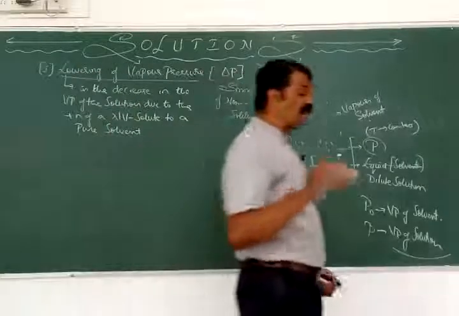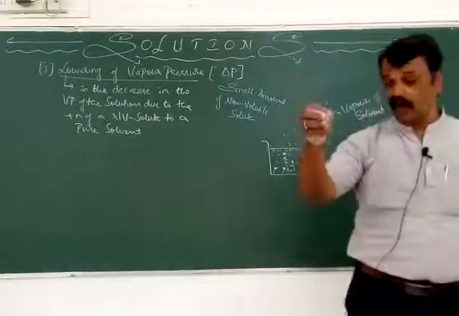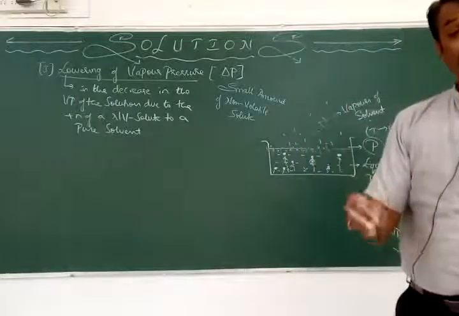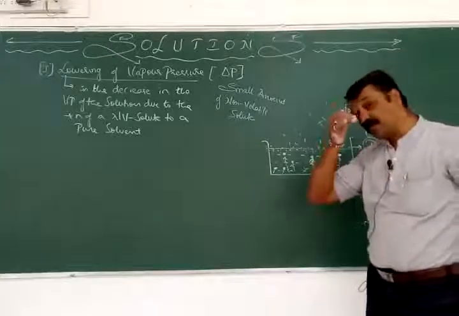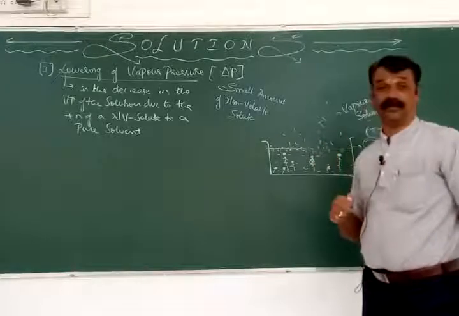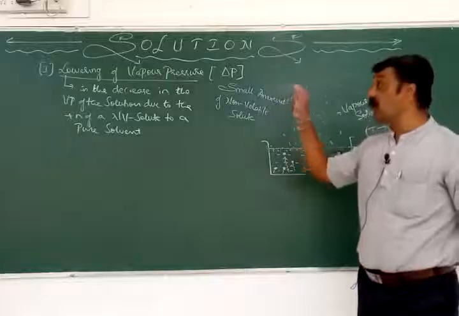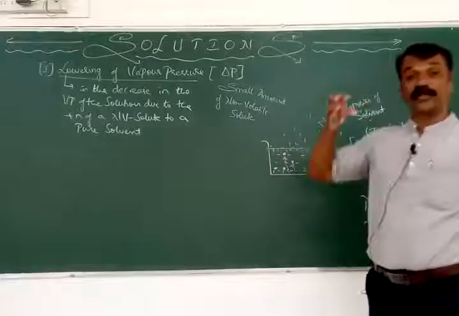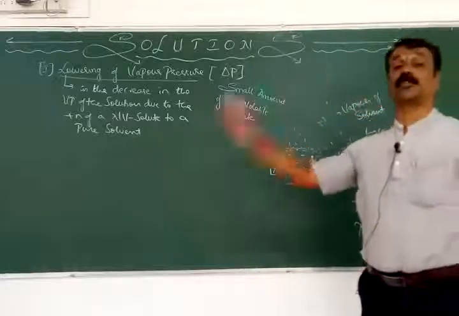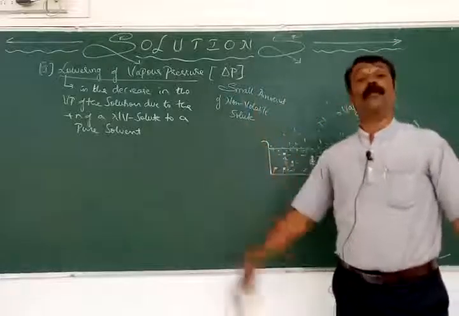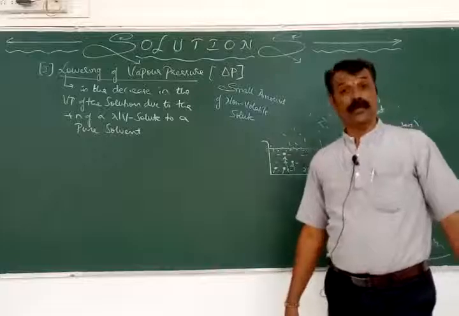If a small amount of a non-volatile solute is added to the pure solvent, the vapor pressure of the solution goes on decreasing. That decrease in the vapor pressure of the solution due to the addition of a non-volatile solute to the pure solvent is called lowering of vapor pressure.